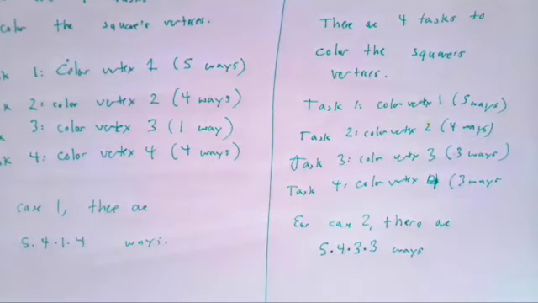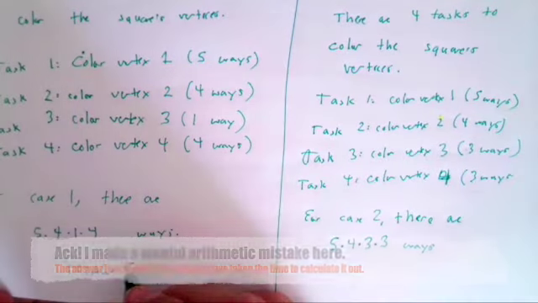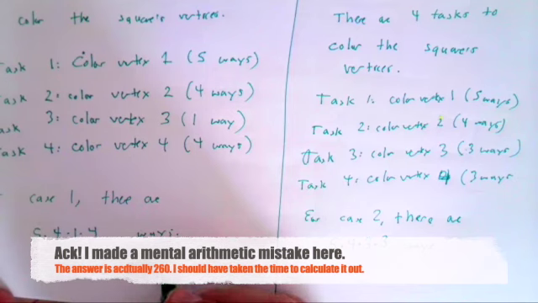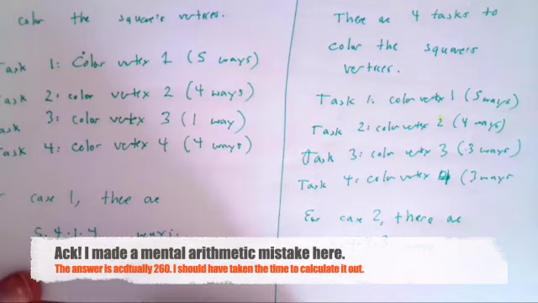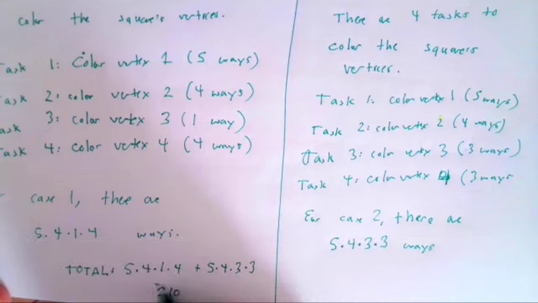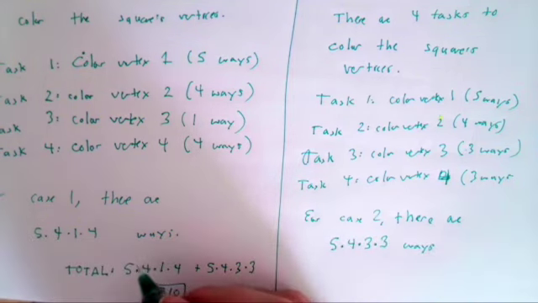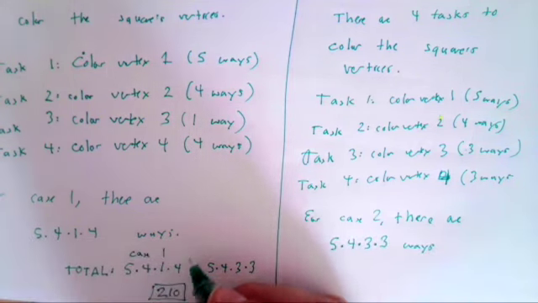And so the total number of ways is 5 times 4 times 1 times 4 plus 5 times 4 times 3 times 3, which I think I'm getting 210. I have to add up case 1 plus case 2.